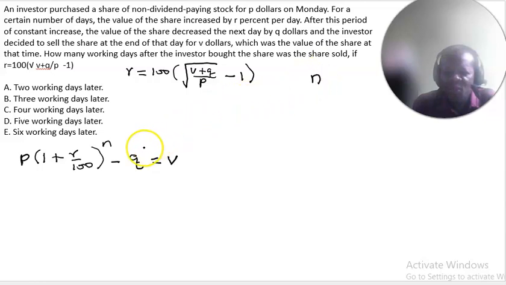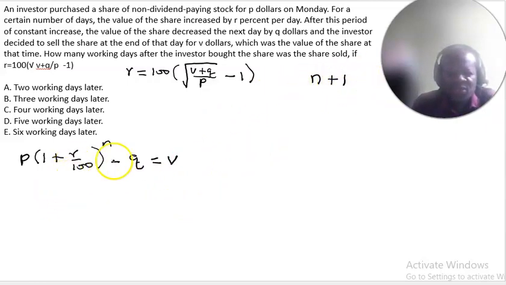So the number of days it took P to become V is now n plus 1. So if you calculated for n and then you pick whatever value for n as your answer, you are going to get the question wrong. So the value we are actually looking for is n plus 1.